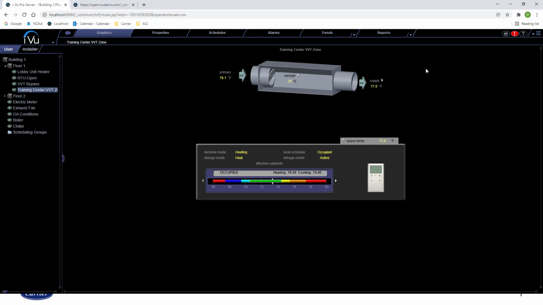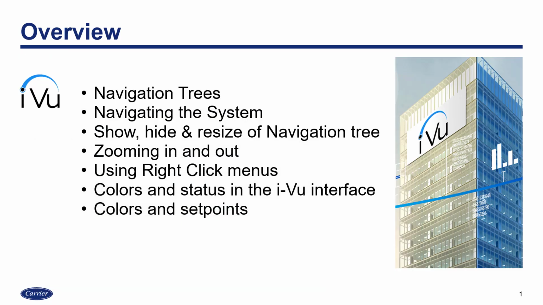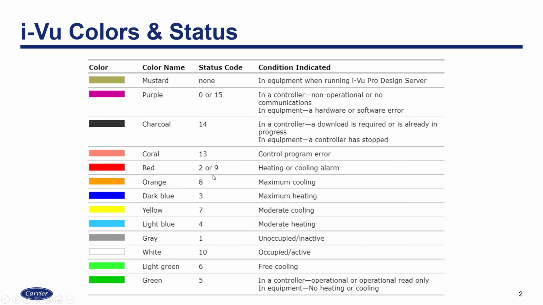The colors and status, let me minimize this for a moment. The iView colors and status will show various colors in the equipment bubbles that we saw on the floor plan screen. So purple is one of the most common colors that you will run across that isn't part of the legend. And purple is a controller that is non-operational or has no communication.